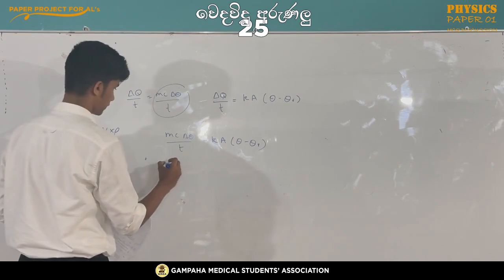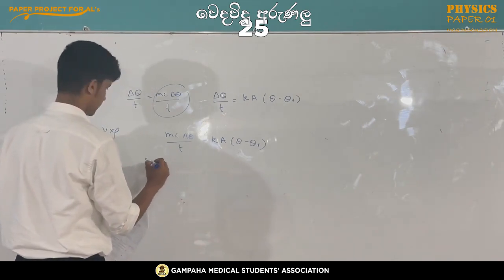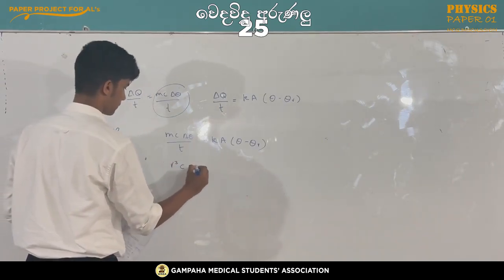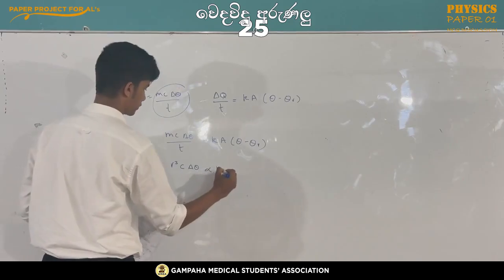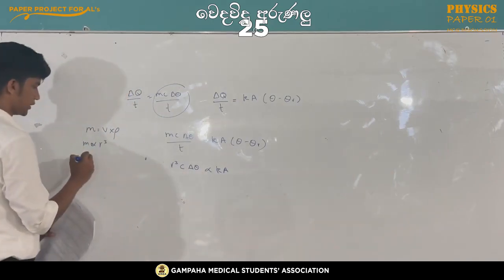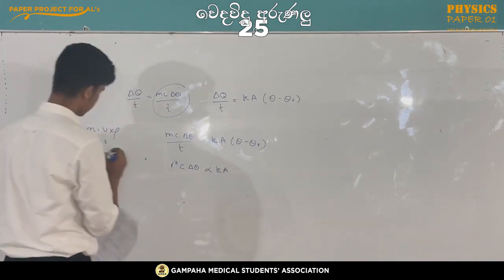So you can see that m c delta theta is directly proportional to K A. We know that area is proportional to R squared.